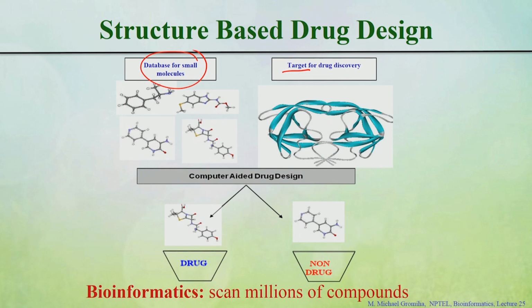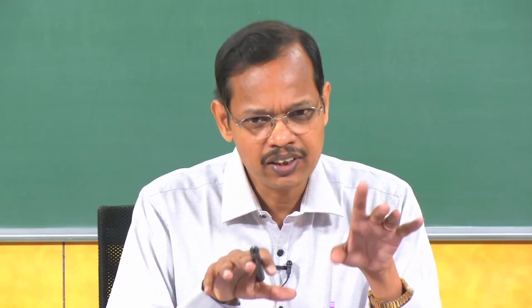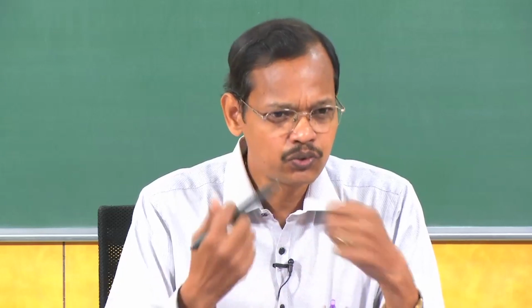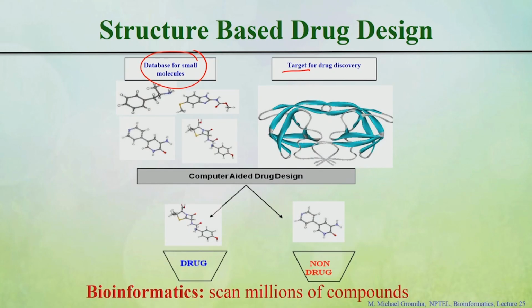So, now the question is, if we have the database of small molecules and we know the target, how do we identify the lead compounds which can fit with this target, and could be useful to design or get a drug molecule? So, we try to use different compounds, and in this case we use computer drug design.